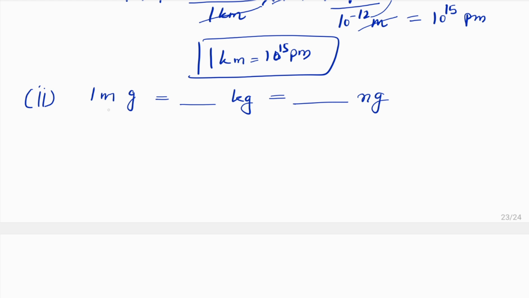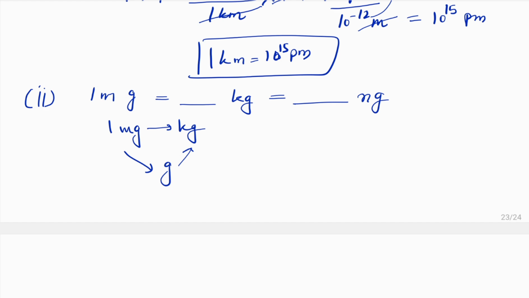So first we are going to convert 1 milligram into kilogram. Fine. So milligram is quite a small value, and in between we can first convert milligram to grams and then gram to kilogram, and we should know the relationship in between.